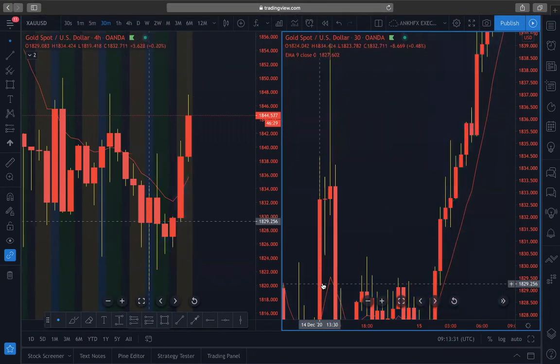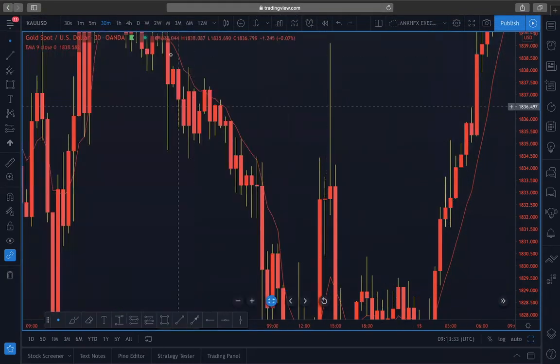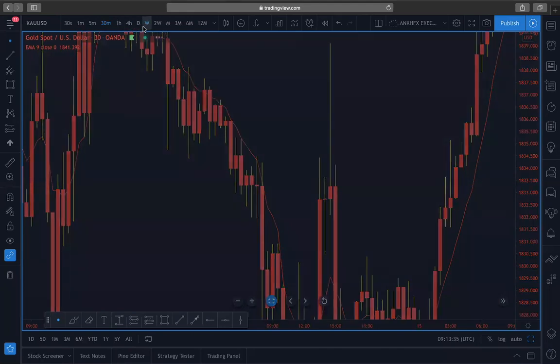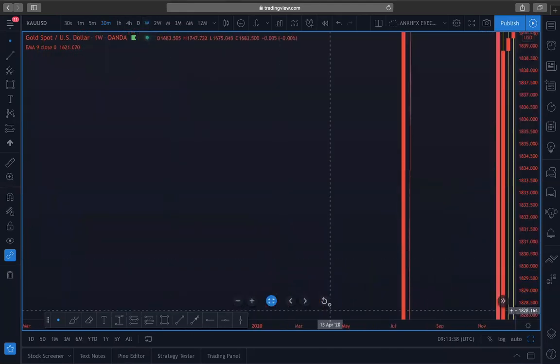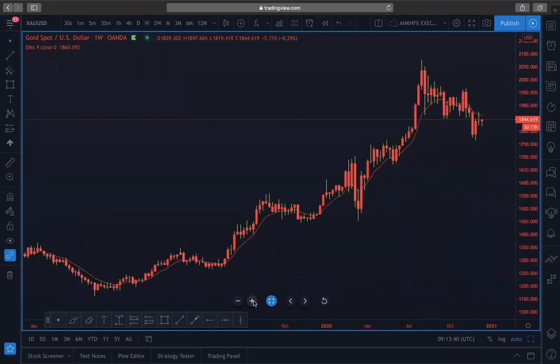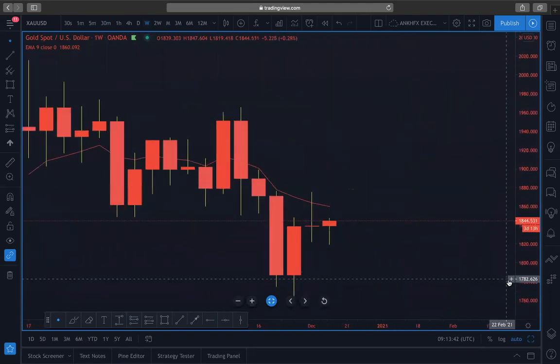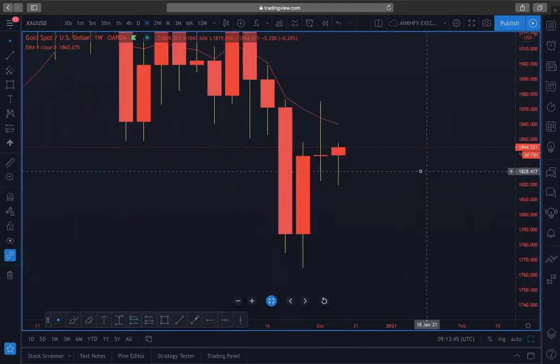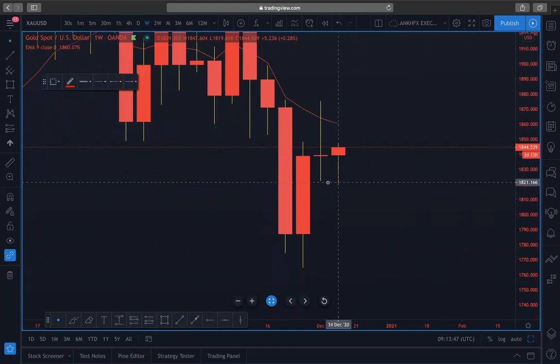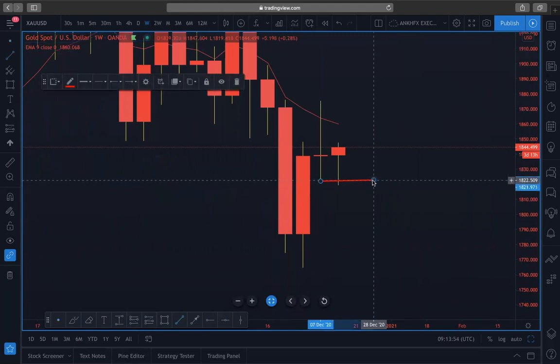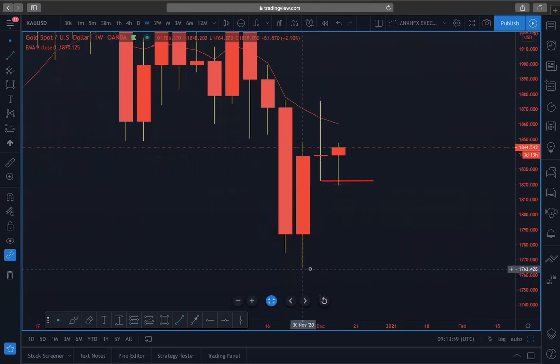Let's delete everything now and just go to our weekly. So what we said on Sunday on the weekly time frame was, we might get a rejection from the 1820, and that rejection might actually shift the whole direction, right?